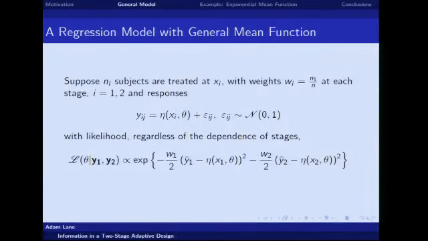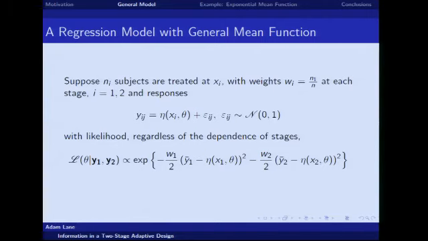All right, so first I want to motivate the problem in general. So we have Ni subjects treated at Xi with weights Wi at each stage. And so we have two stages, and we'll have responses Yij equal to some mean function plus a normal error term.